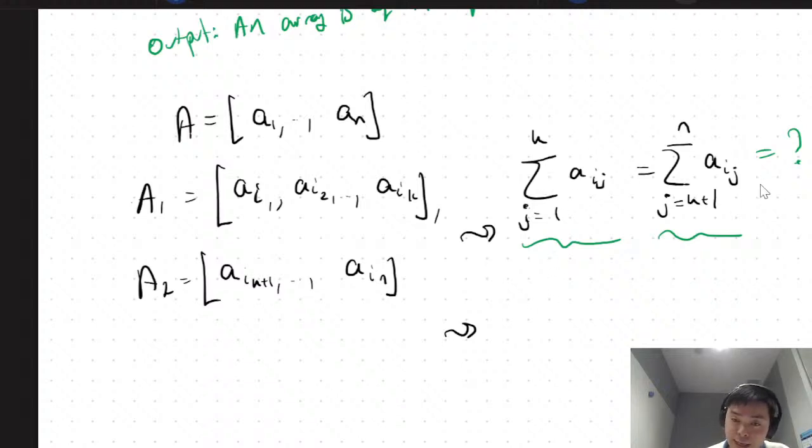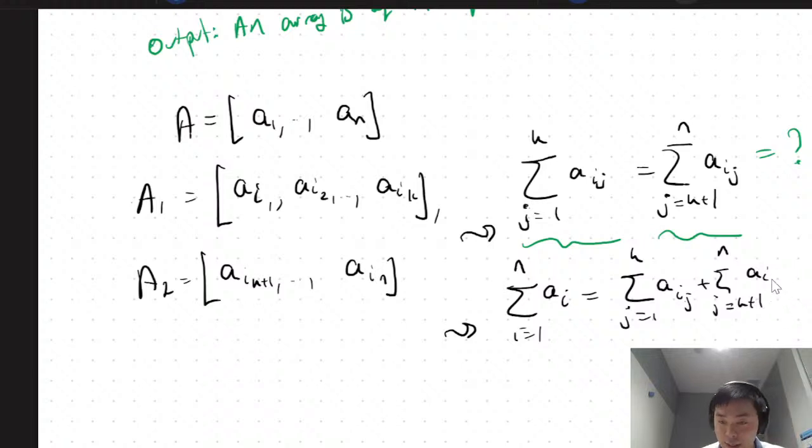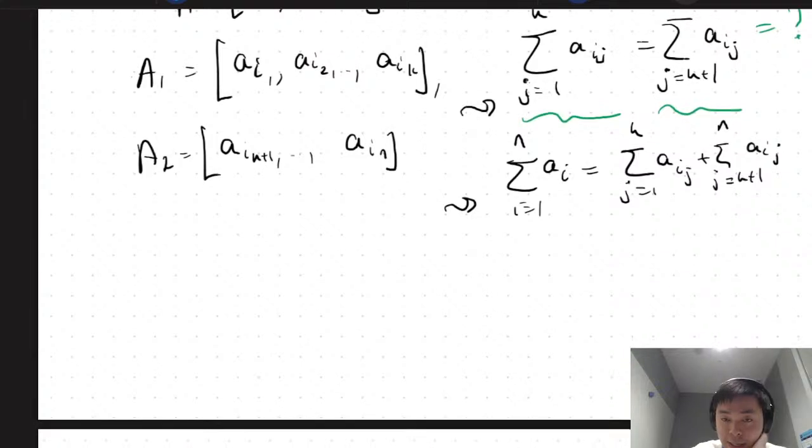So maybe if I look at the entire sum, the sum of all of the elements in my array, then what I know is, because these two sum to the same, this is equal to this sum, because this is really a partition of the same sum, the sum of a_ij, and then I know that these two things sum to the same thing by assumption.